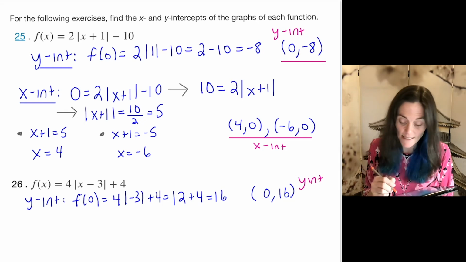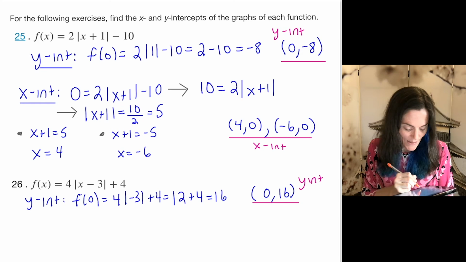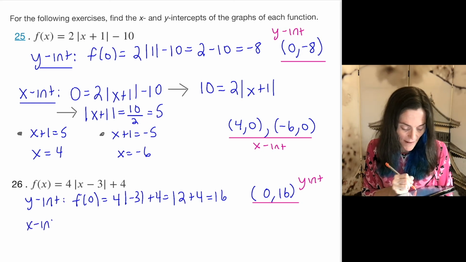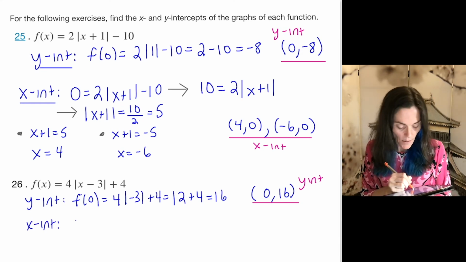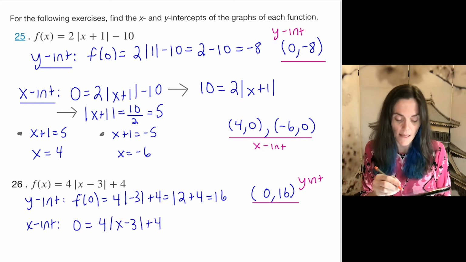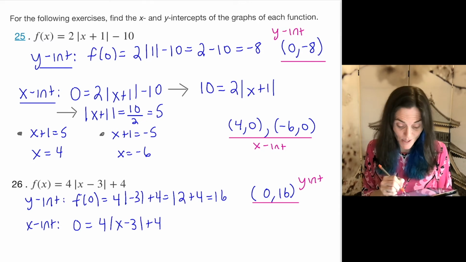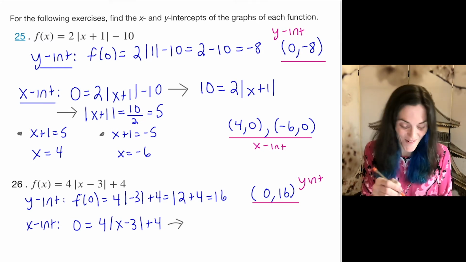Now we move on to the excitement of this problem, which is the x-intercept. So let's set my function equal to 0 and see what happens. We set 0 to be 4, absolute value of x minus 3 plus 4. We can proceed very similar to above. We can subtract 4 from both sides.